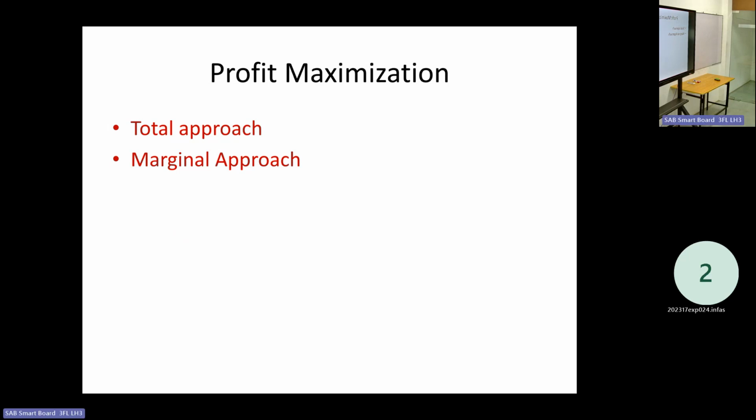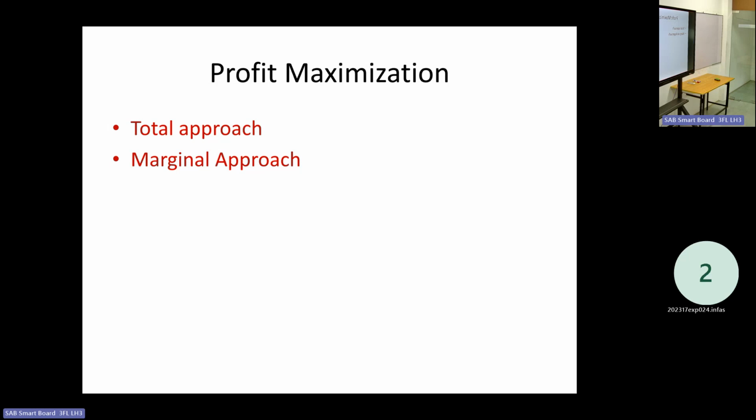Even though firms have other objectives, profit maximization is there in the theory that we talk about. We take the profit maximization principle, so firms always try to maximize profits. And now we are going to explain profit maximization.